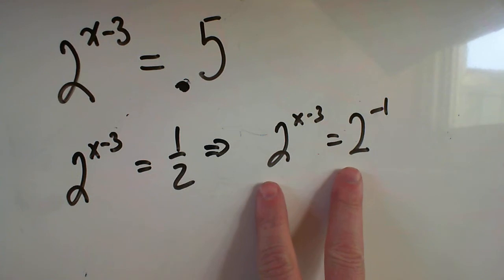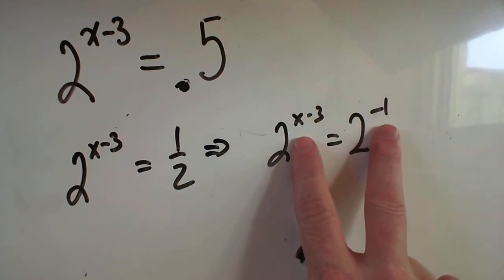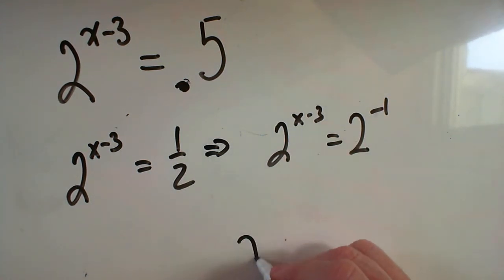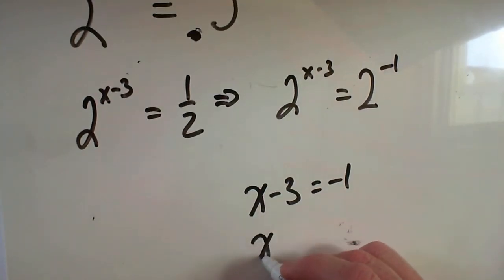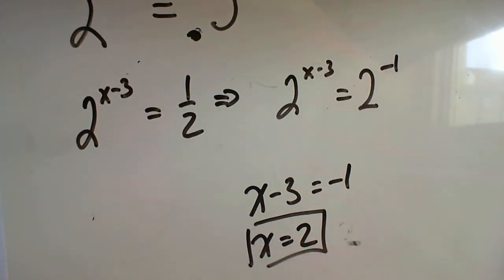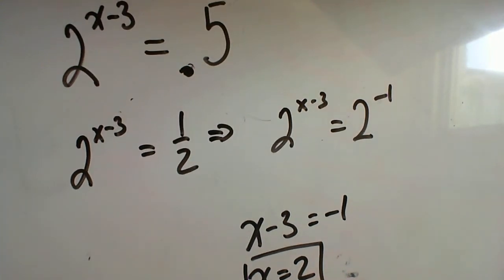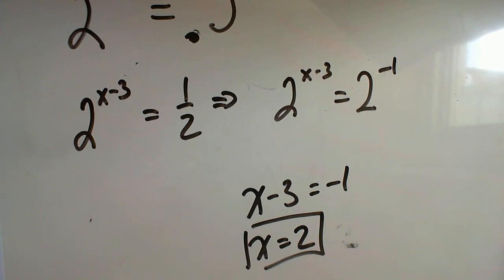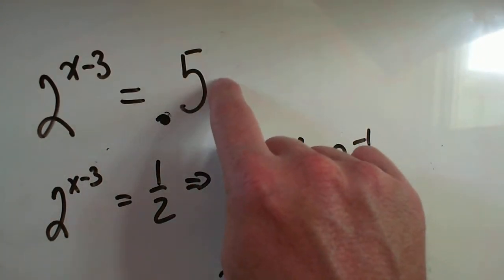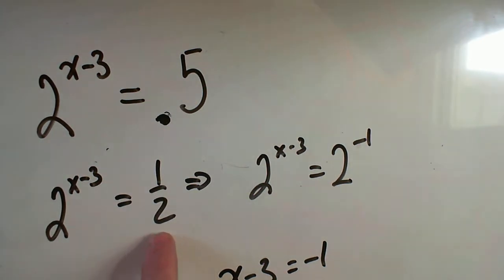And now, since we have like bases, we can set the exponents equal. x minus 3 equals negative 1, and x equals 2. So either way works. The one way is cookie cutter, but this way is quicker, easier, but you have to realize that the 0.5 can become 1/2, and then that 1/2 can become 2 to the negative 1.